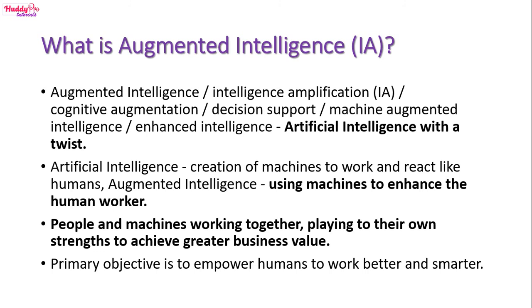It is also referred to as intelligence amplification, and that's where the IA abbreviation comes from. It's also called cognitive augmentation, decision support, machine augmented intelligence, or enhanced intelligence. All those are terms that refer to augmented intelligence.